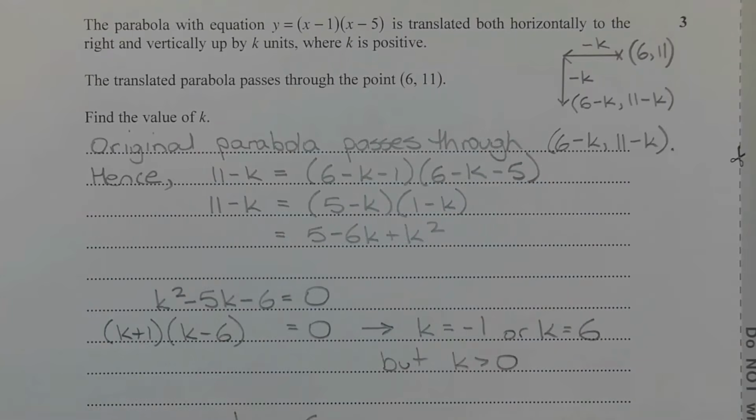So substituting 11 minus k for y here and 6 minus k for x here and here, we get 11 minus k equals (6 minus k minus 1) times (6 minus k minus 5). And we need to solve this equation for k.